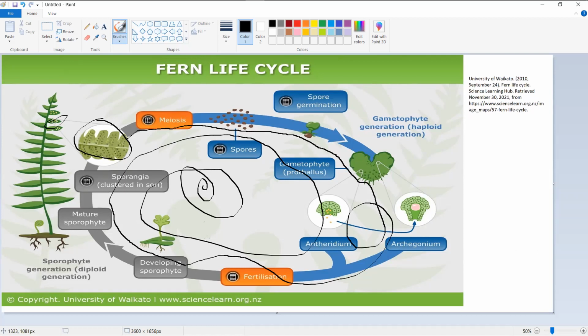Very bad spiral, but the cycle keeps going and going, so that each new generation occurs. The mitosis to the fertilization is where we have the haploid generation, and the fertilization to the mitosis is when we have the diploid generation.